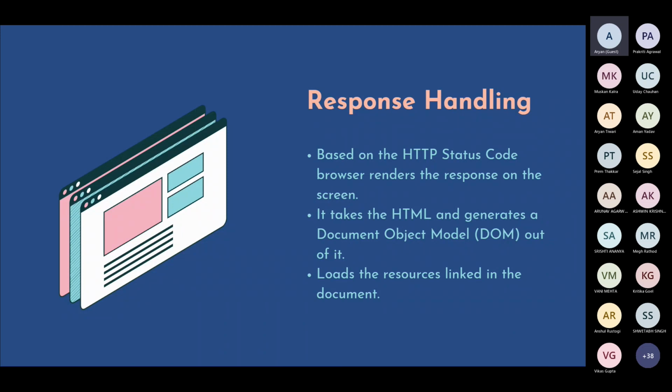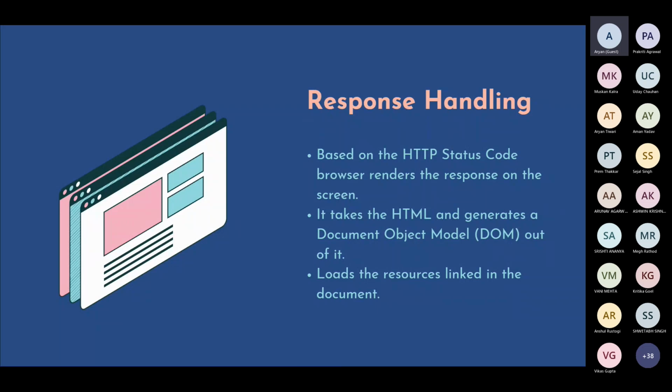Okay, so once we get a proper response, the browser will take out the HTML and generate a DOM out of it. A DOM is a Document Object Model, it's just a fancy word for all the elements it has to create and render on the screen.